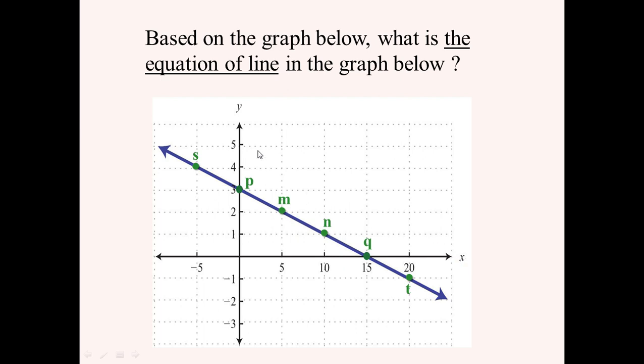But the scale number of y must be the same for all y. This one is 1, 1, 1, 1, 1, 1, 1. You can see from one point to the next point the same constant, the same gap, the same distance.